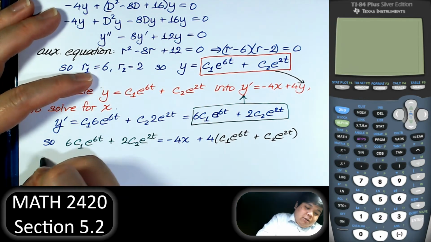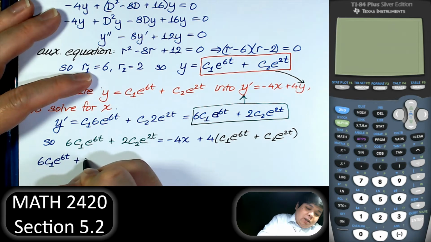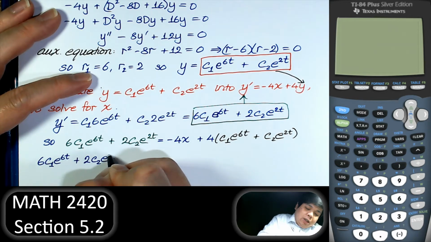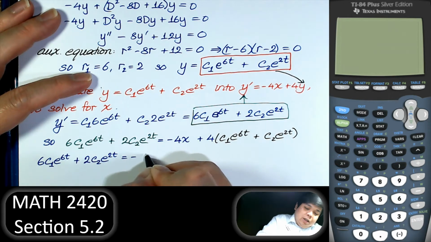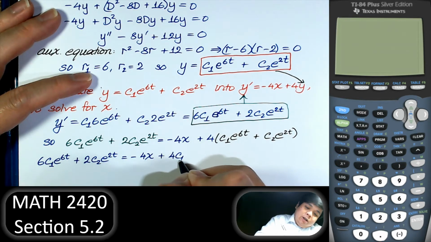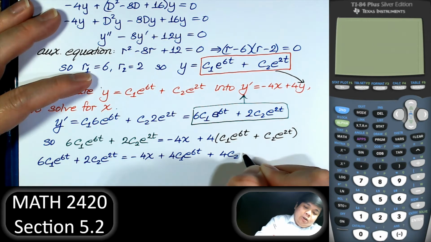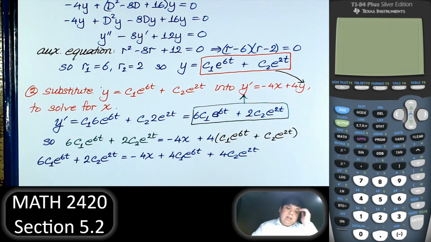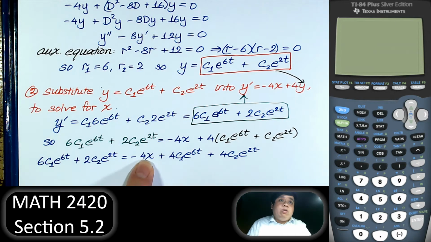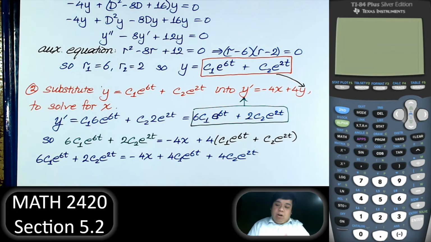So multiply it out: 6c1 e to the 6t, 2c2 e to the 2t, negative 4x. Multiply this out: 4c1 e to the 6t, 4c2 e to the 2t. Right. I'm going to move the 4x over and move the 6c1 e to the 6t and 2c2 e to the 2t to the other side.